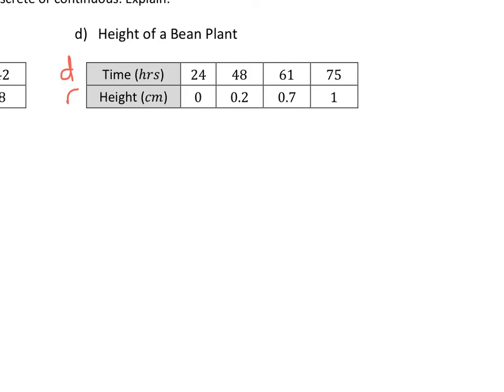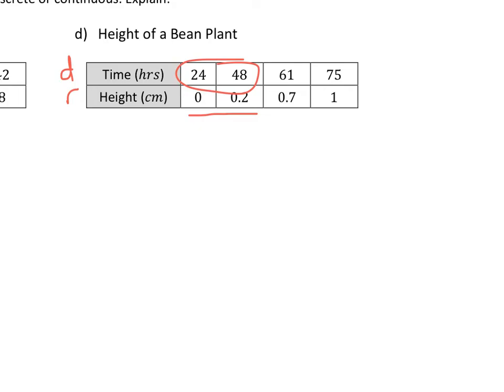So could there be a time in between, for example, 24 and 48 hours? Yes. What about 25 hours? 36 hours? There's definitely time that you could do in between. Meanwhile, we have to take a look at our height here. Could our height be in between 0 and 0.2? Well, the answer is yes, because when a plant grows, it doesn't just jump from 0 to 0.2.